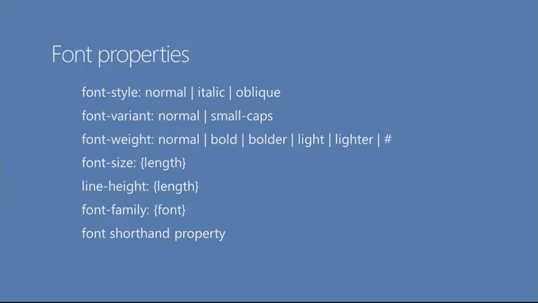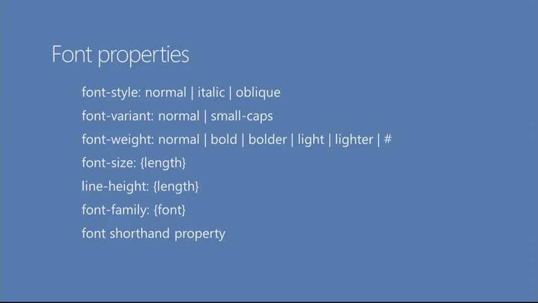Also related to text is fonts, and there are a lot of font properties. These are interesting. If you look at the last one, it says font shorthand property. I haven't talked about shorthand properties yet, but a shorthand property is just a way of saving the developer some keyboard wear. So you could specify a lot of different properties, or you could just use the shorthand and specify multiple at a time, delimited by spaces.